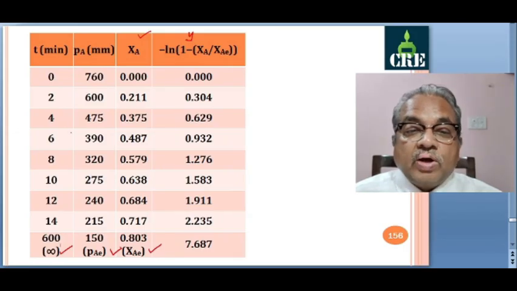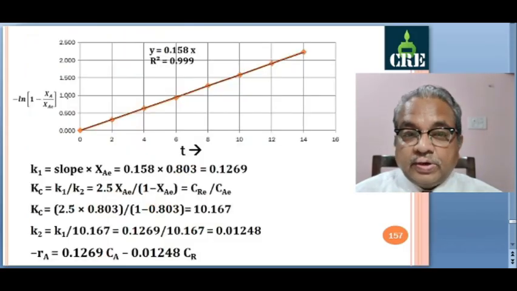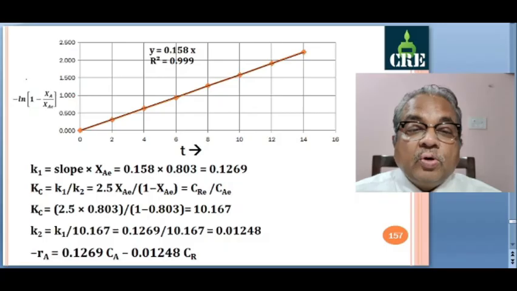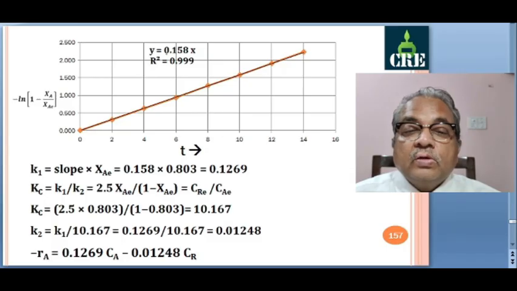So this is y and time on the x-axis. When we plot this, we get a straight line passing through the origin. This is the best fit line with correlation coefficient 0.999. So almost the fit is perfect. y is equal to 0.158x.